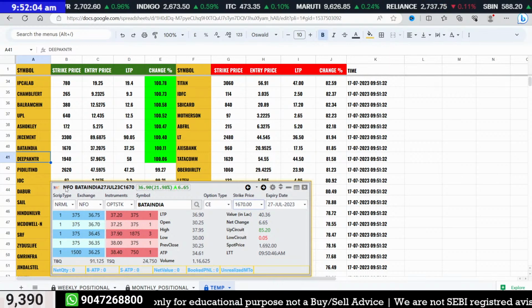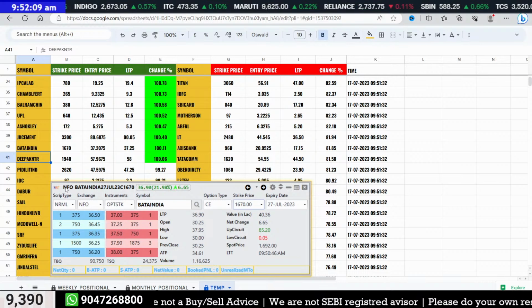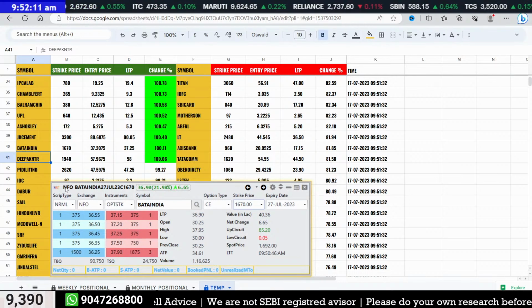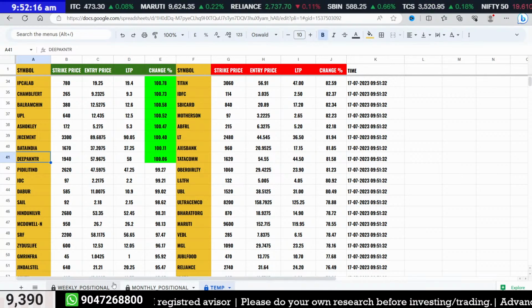So 375 quantity, 36, 37 is the current price. Started with 30 and 37, 38. Maybe Bata. So let me check with the charts. Bata, 1670.